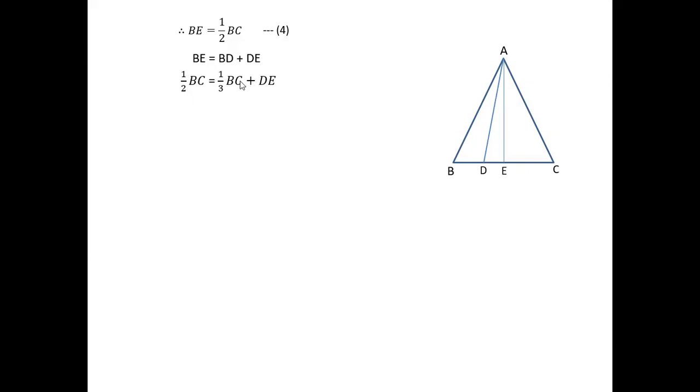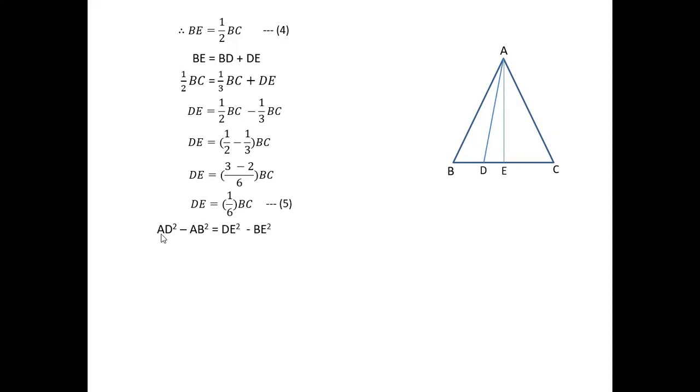Let us take DE to this side. It becomes DE is equal to half BC minus 1 by 3 BC. Taking BC common, 1 by 2 minus 1 by 3. LCM is 6, so it will be 3 minus 2 upon 6. So DE is 1 by 6 BC. Let us name it as the fifth equation.